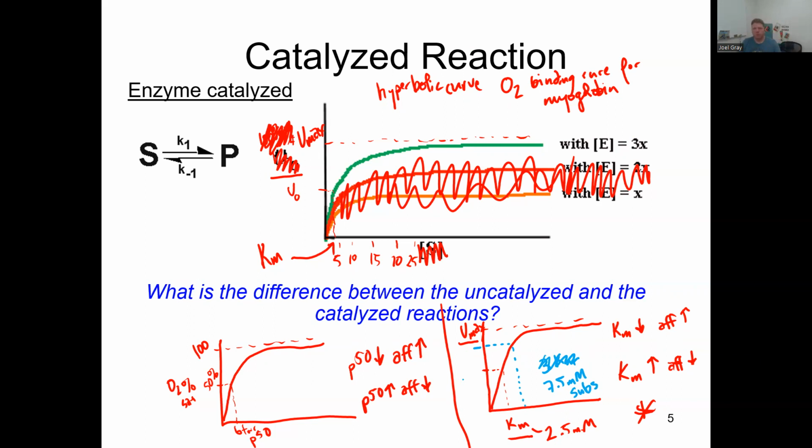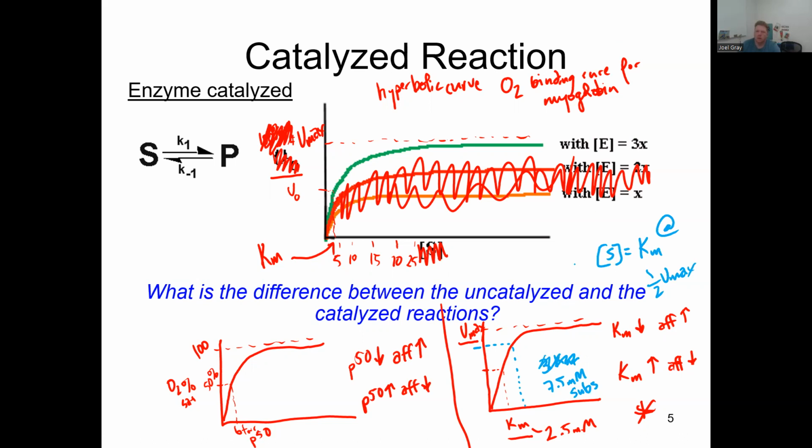So people have a tendency to look at this and say, oh, well, if I'm at 2 times my Km, then I'm at my maximum velocity. That's not the case. When substrate equals Km, you're at half of Vmax.